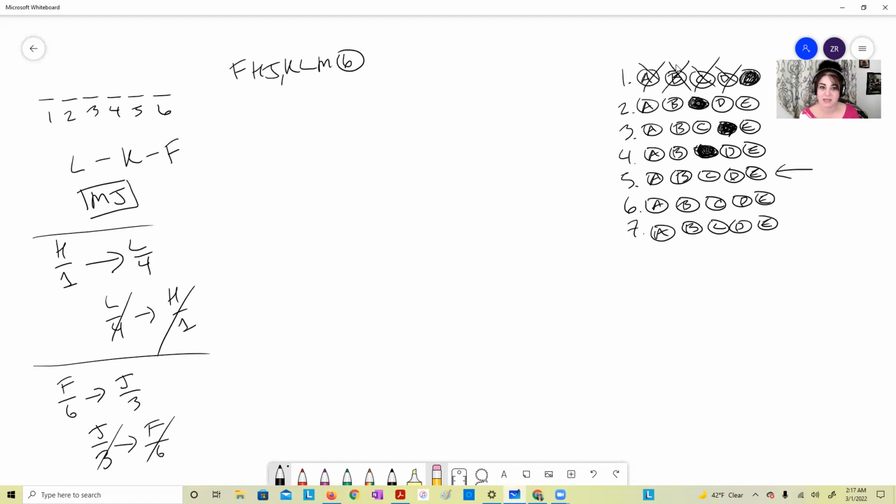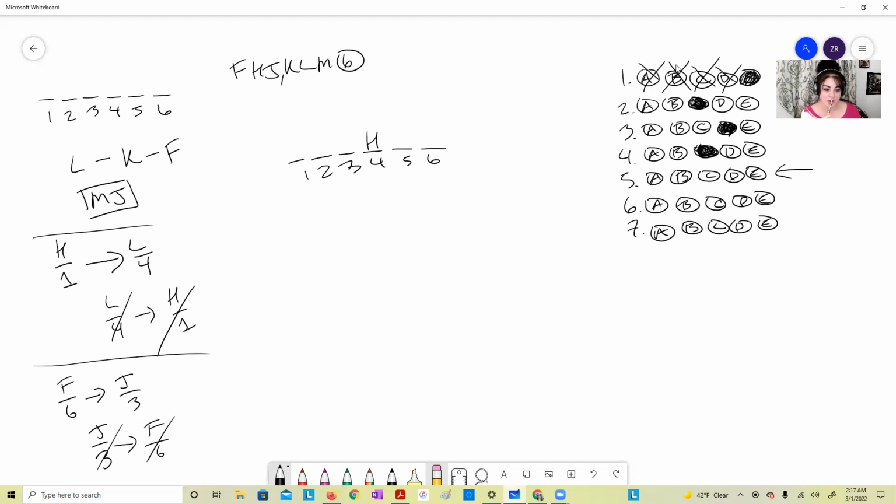Number 6. Okay, number 6 gives me a local condition. So let's create some work here. Okay, so we have something that we need to make happen, and then we have a must be true.